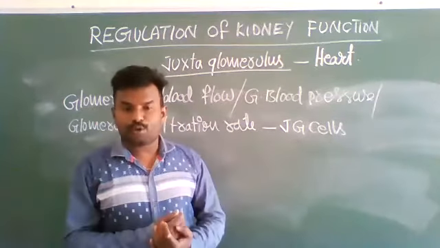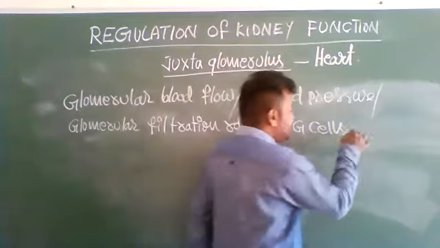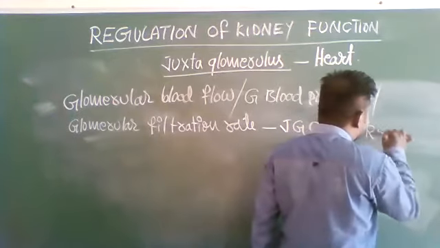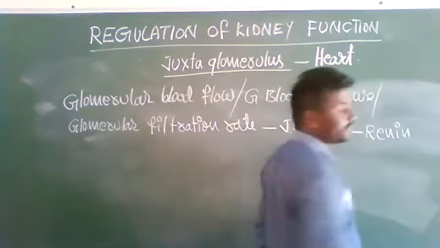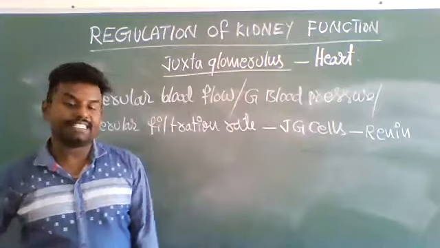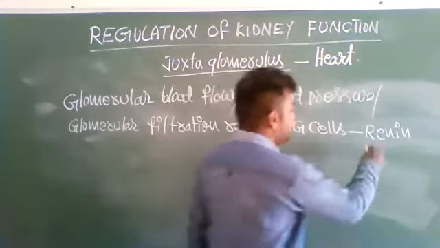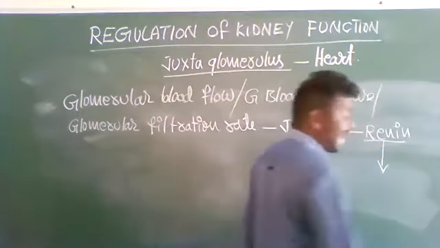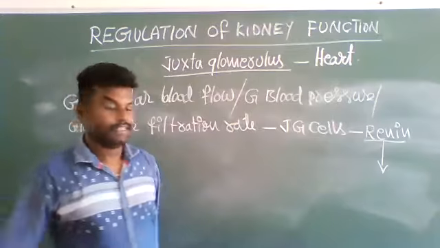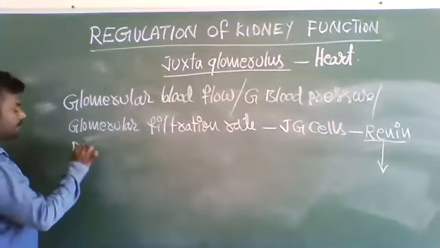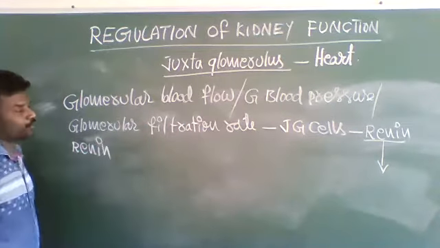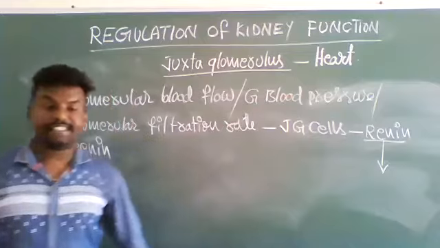These juxtaglomerular cells release a kind of enzyme that is called renin. Renin is released by the juxtaglomerular cells. It is a kind of enzyme.